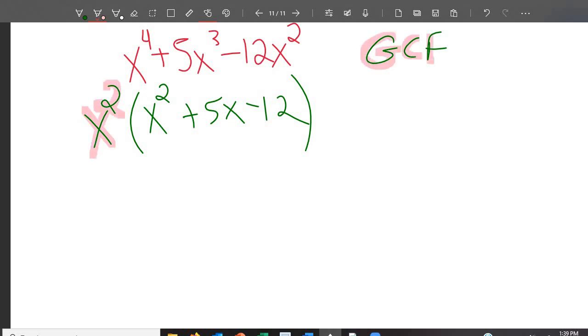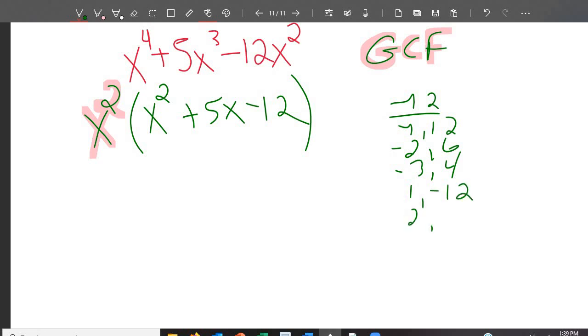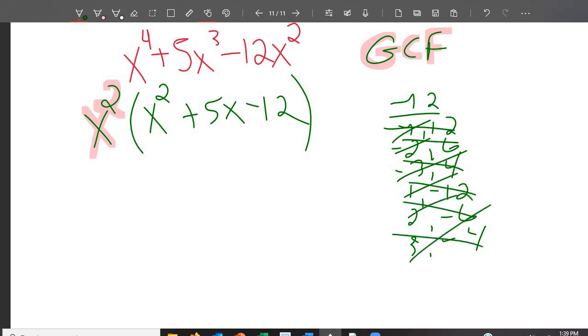Now, let's try to factor this trinomial. So let's list all the factors of negative 12 and see if we could possibly find one that adds up to be positive 5. Well, that one doesn't work, that one doesn't work, and none of the others work.